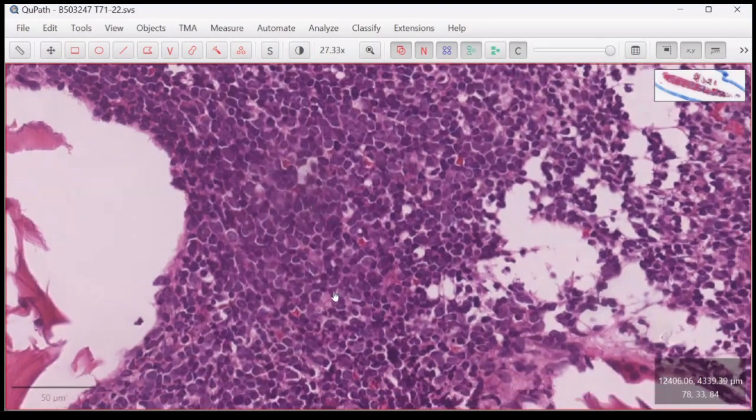Okay, and this, agreed by H&E, is a case of acute leukemia.